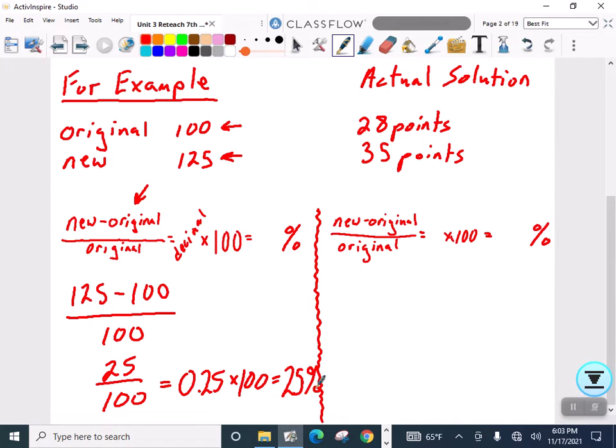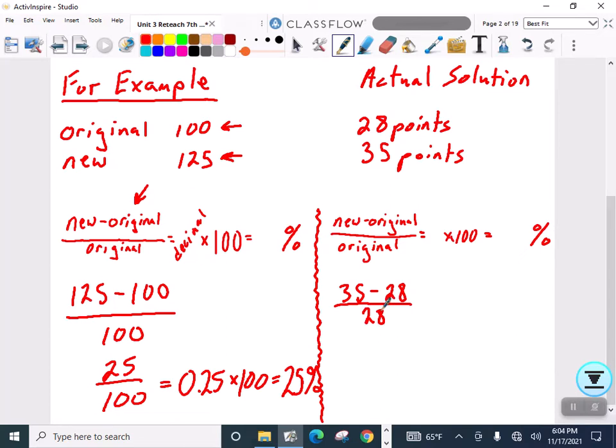So let's take a look at the game. So I have to identify my new and my original amounts. Well, my original was what came first. So I have 28 and then 35. So I take 35 because that's my new amount, and I subtract the 28, and this is over 28.